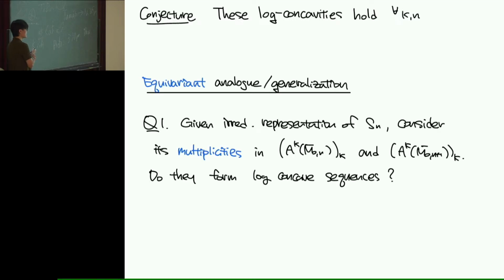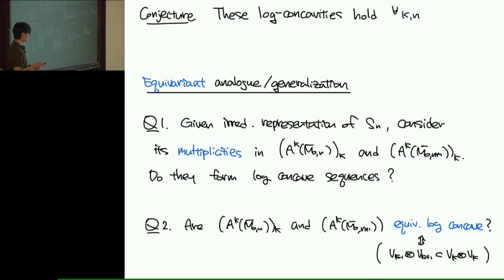And there is an equivalent version of this, one an analog and one indeed a generalization. We can consider the decomposition of these representations into irreducible representations, and then look at the multiplicities, as we just saw for the multiplicities of the trivial parts. Our question is, do they form a log concave sequence?